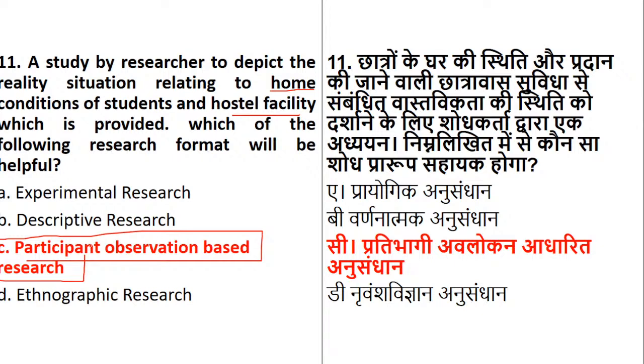So if you compare experimental and participant, the first thing is observation, and then only a certain type of experiments will be done to come to a conclusion. Is it clear? Yes, there were some students who gave answer A also, so I just clarified that. Majority of them came up with the right answer.